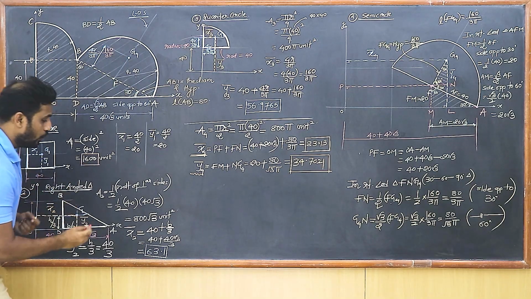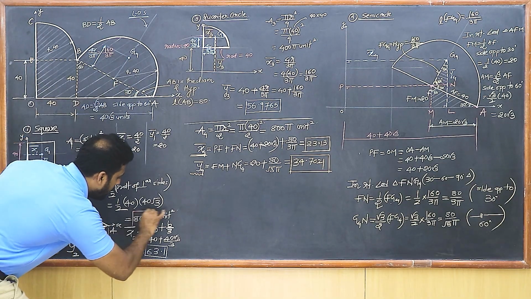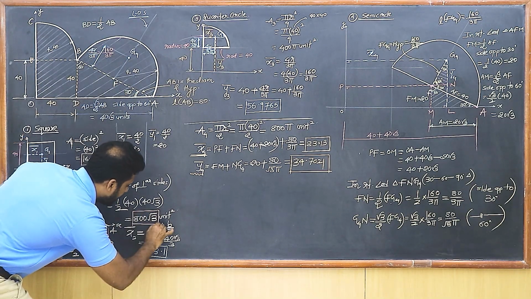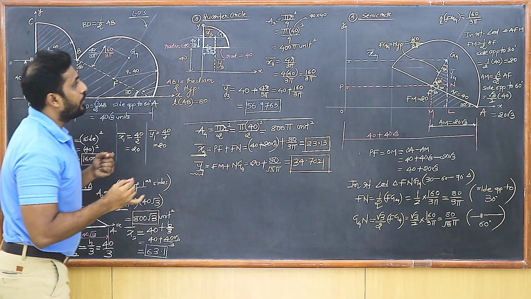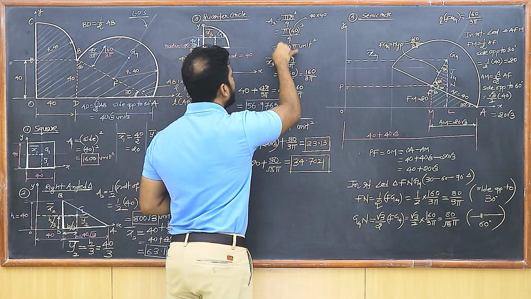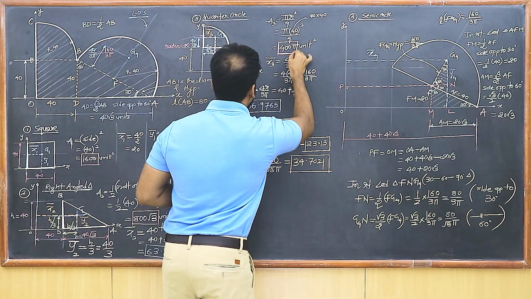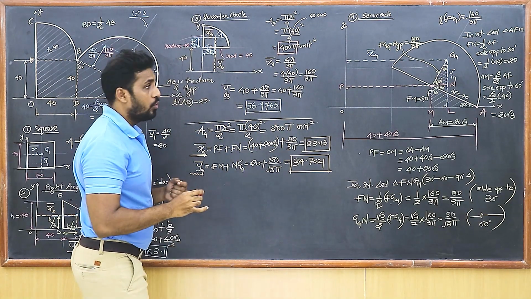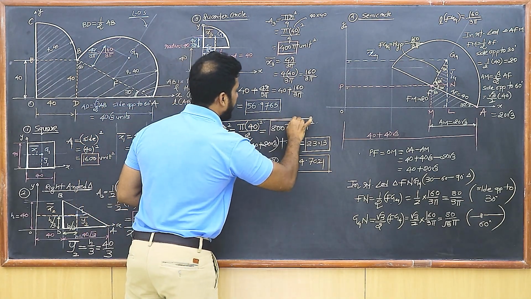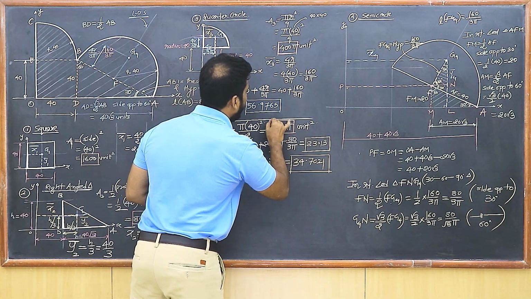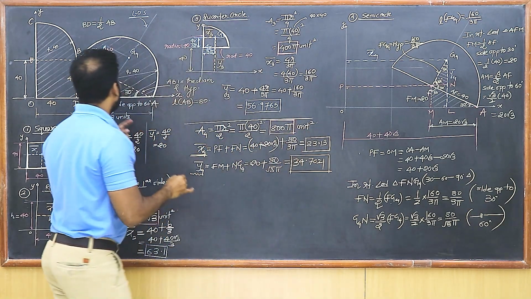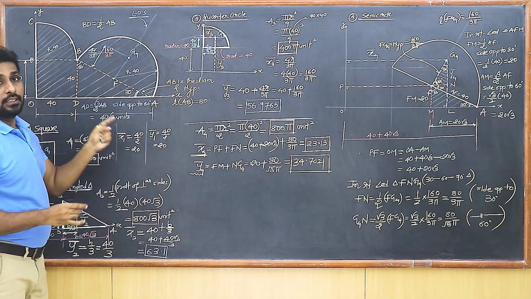Then there is a2, which is 800 root 3. Then you have a3, which is 400 pi. And students, there is a4, which is 800 pi. Now here all the standard shapes are kept to get the entire composite shape, isn't it?